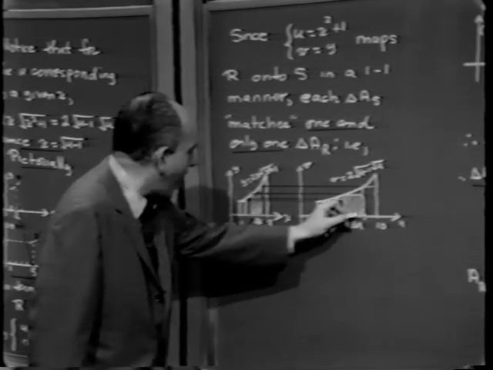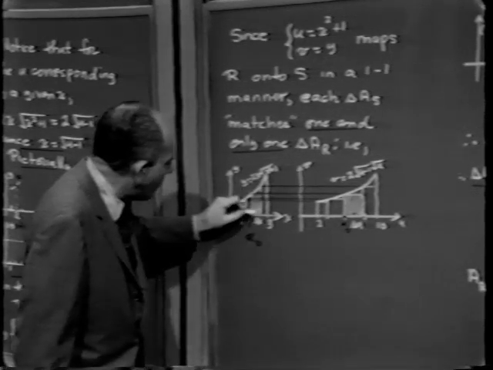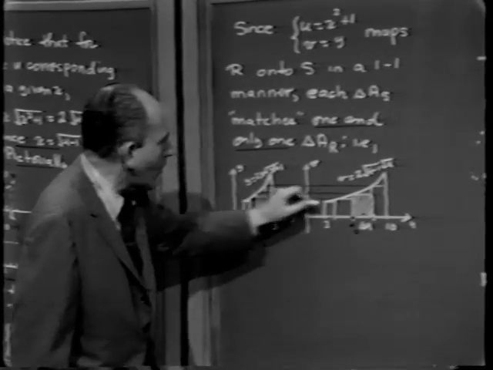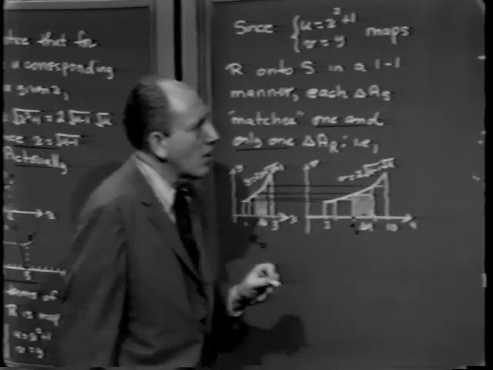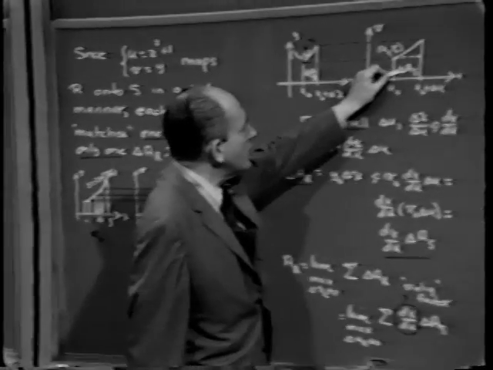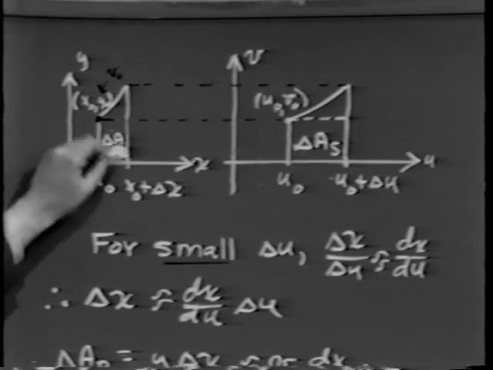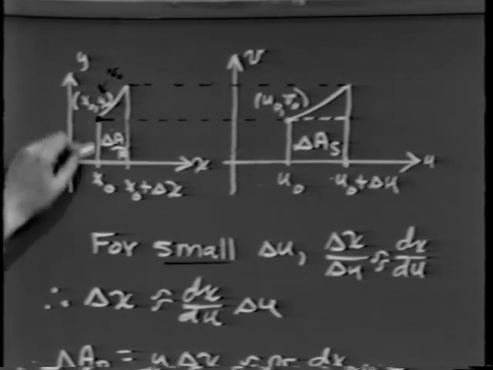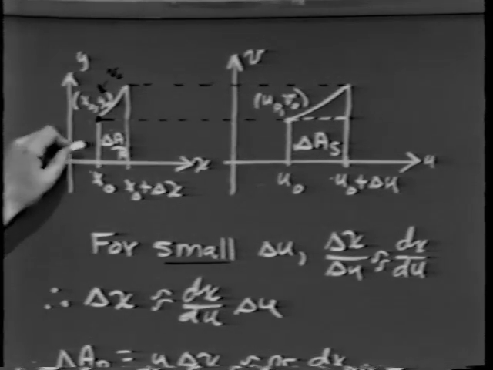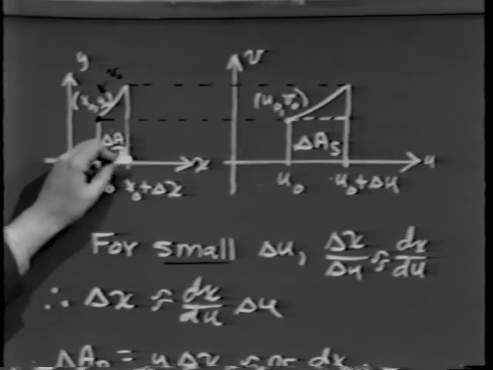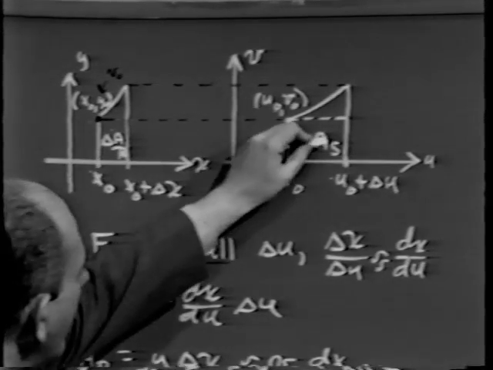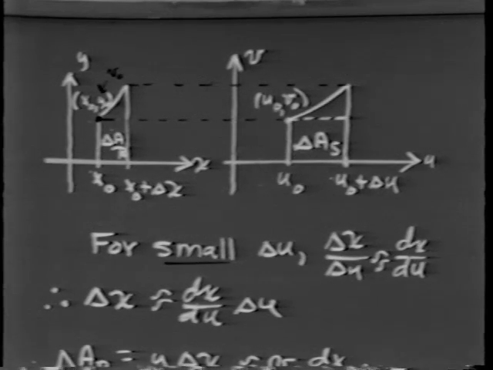What I want to do next is to blow up these 2 shaded areas so I can look at them in more detail. What I have is a region which I'll call delta A sub S in the UV plane and a delta A sub R in the XY plane, where the mapping is again what? U equals x squared plus 1, v equals y. This piece matches with this piece.